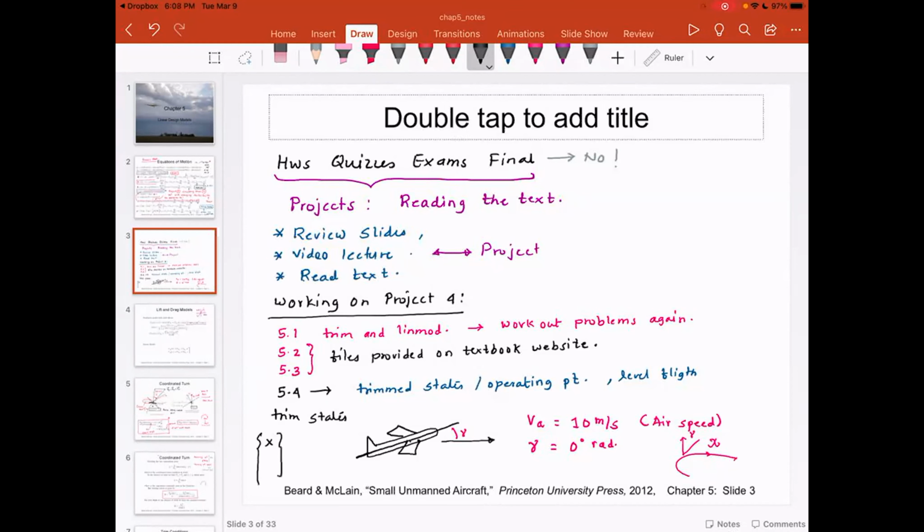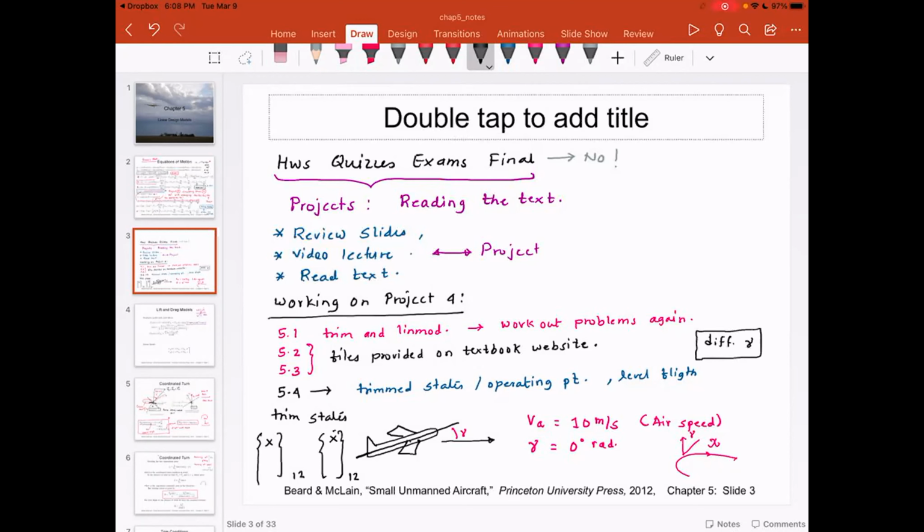Remember the equations: we had 12 variables and also the x dots, which are again 12 variables, and input controls. If your trim algorithm is correct, the MAV states will remain constant during the simulation. Run the simulation for different values of gamma.